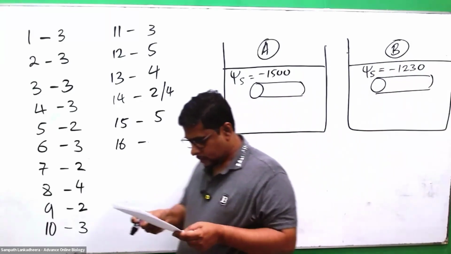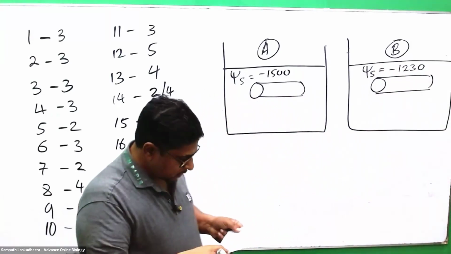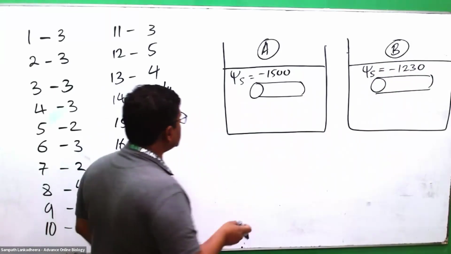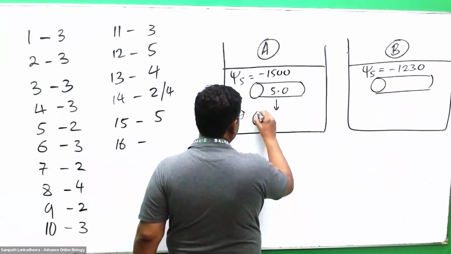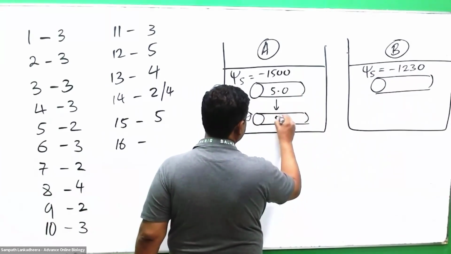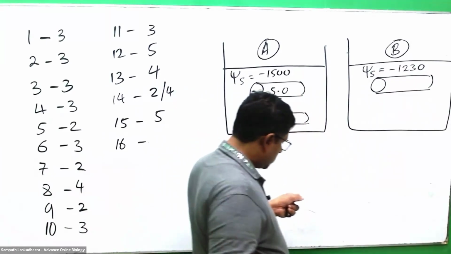After equilibrium, the length had become 5.2 centimeters only in the strip immersed in A. So this is 5 centimeter at the beginning. At the end, it becomes 5.2.